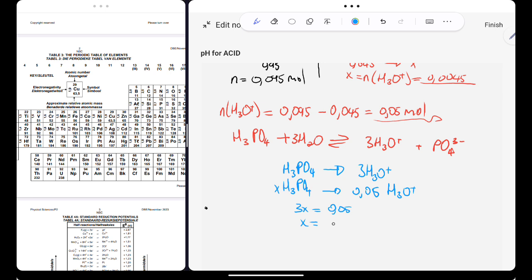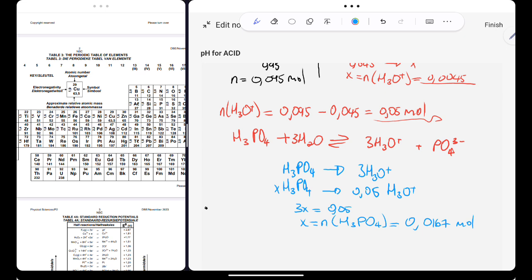Then x is 0.05 divided by 3. Then x, which represents the number of moles of my acid, is simply 0.0167 moles.